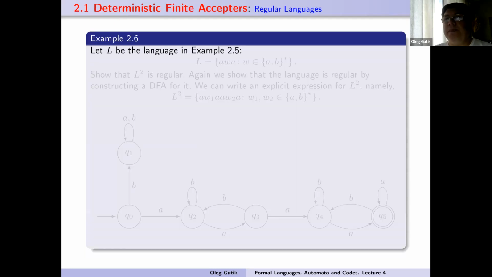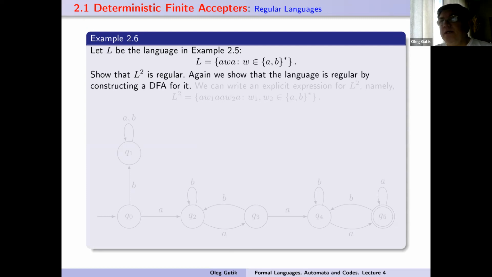The next example. Let L be the language in the previous example. Show that the language L squared is regular. Again, we show that the language is regular by constructing a deterministic finite acceptor for it.